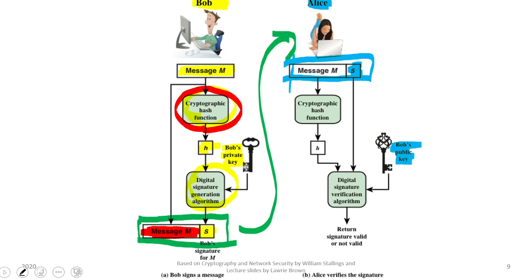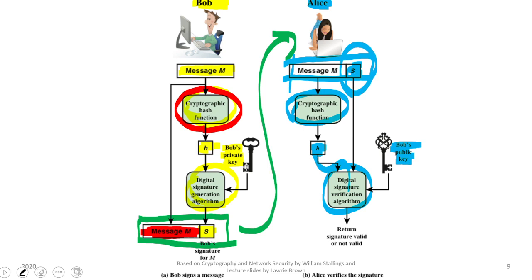So, what we would do is we would take the message and again use a hash function to create a hash. Then that hash will be used in a digital signature verification algorithm to see if the signature that was received is a valid signature.